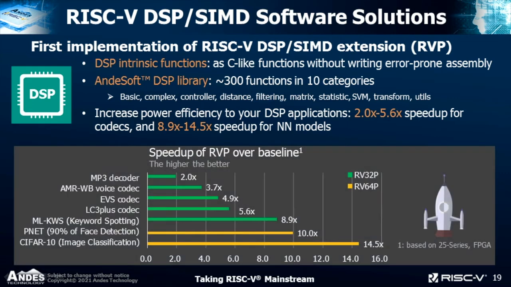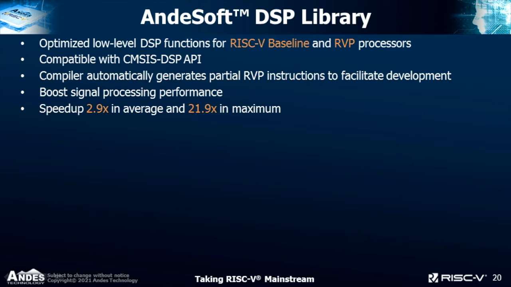Generally, it increases power efficiency for DSP applications, with about 2 to 5 times speedup of RVP over RISC-V baseline instructions for codec, and 8 to 14 times speedup for ML models. Andes DSP Library is the optimized low-level DSP functions for RISC-V baseline and RVP processors.